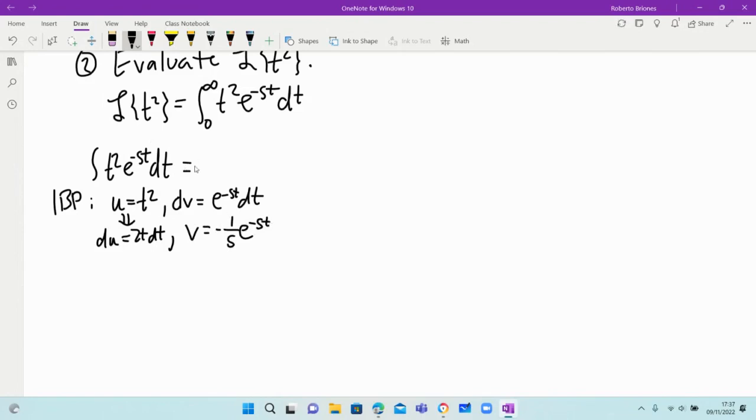So that we now go back to our original integral, which by an application of integration by parts, we will get negative 1 times t squared over s e to the negative st. Okay, so it's just the product of this and this, minus the integral of v, so negative 1 over s e to the negative st, times du, which is 2t dt.